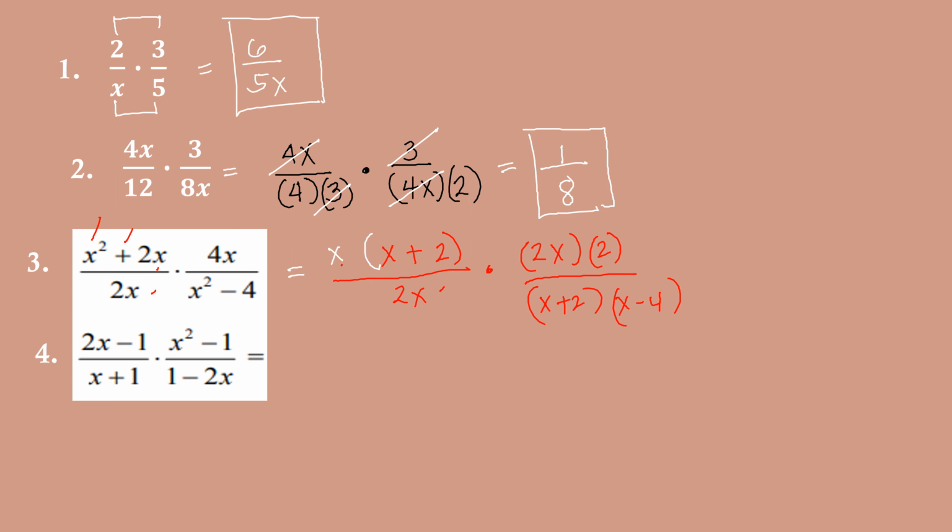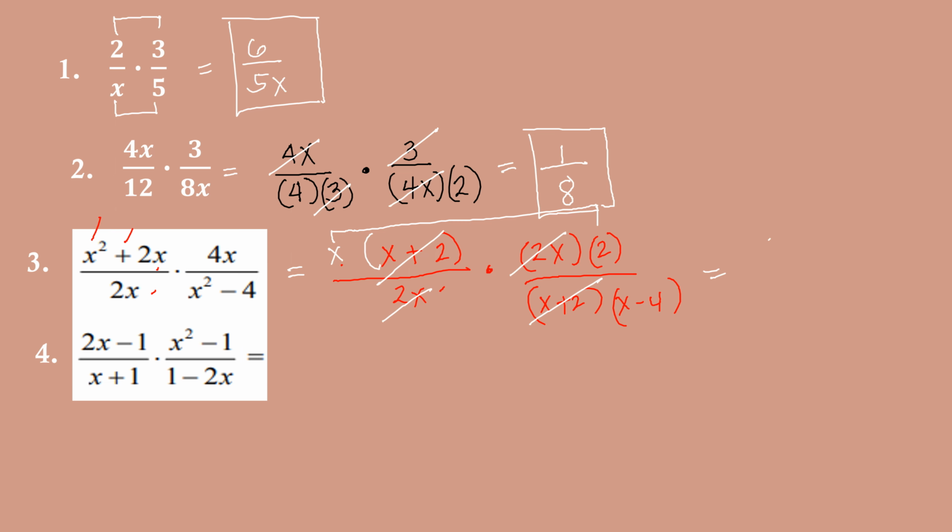So for the next, we are now ready to find the common factors in the numerator and in the denominator. Remember, we can only cancel numerator versus denominator. Okay, so therefore, the x plus 2 and the x plus 2 will give us a quotient of 1. And then the 2x and the 2x are also giving us a quotient of 1, or can be cancelled. So the remaining terms are x and a 2.